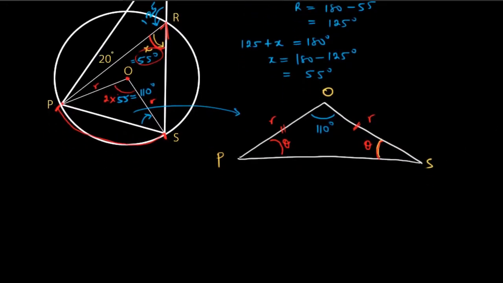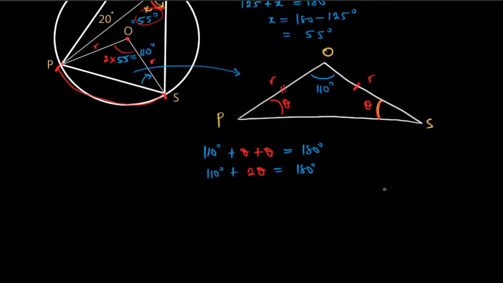And again, we also know that the sum of angles in a triangle is 180 degrees. So that quickly tells me that when I add 110 degrees plus theta plus theta, then I must obtain 180 degrees, because I know that the sum of angles in a triangle is equal to 180 degrees. So in other words, 110 degrees plus 2 theta is equal to 180 degrees.